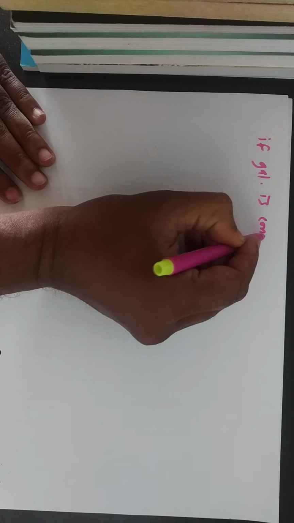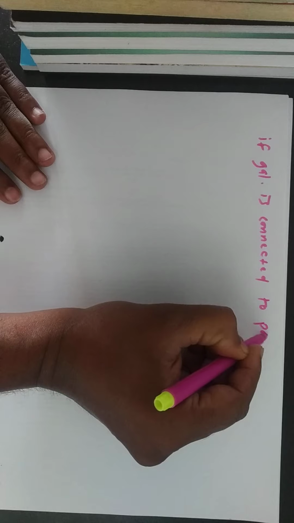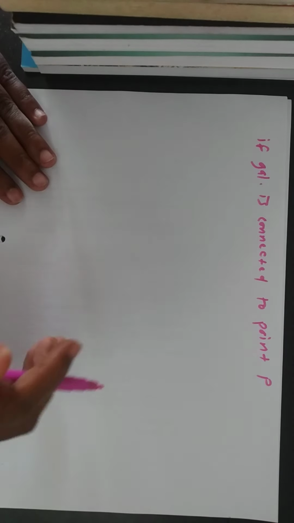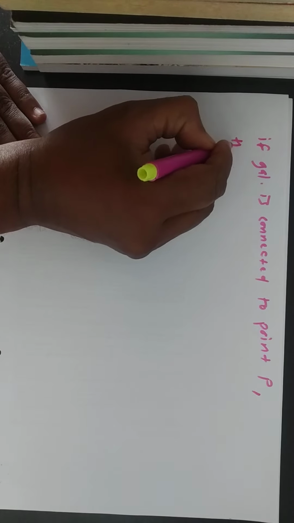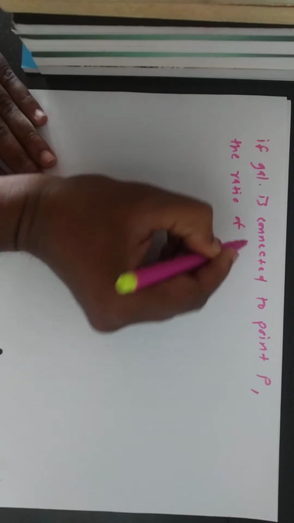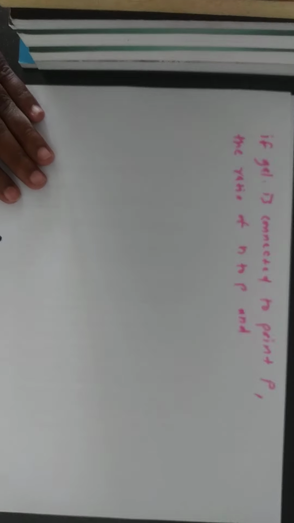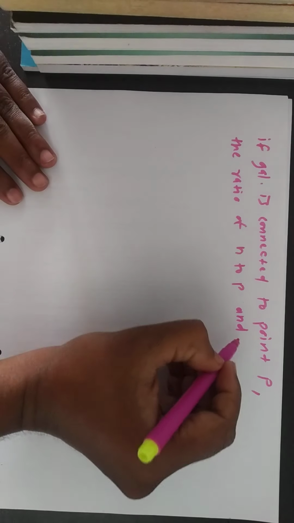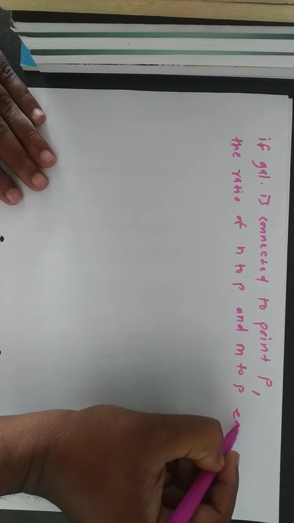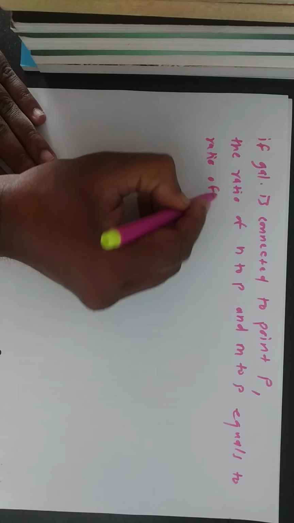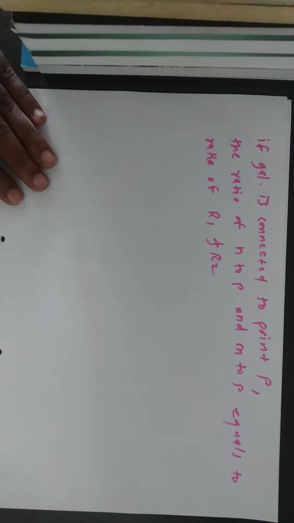If the galvanometer is connected to point P in such a way that the ratio of N to P and M to P equals the ratio of R1 and R2.